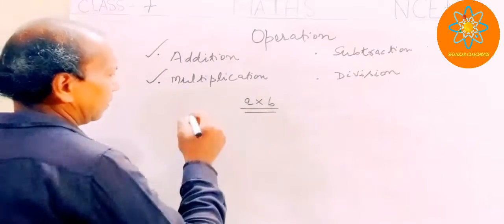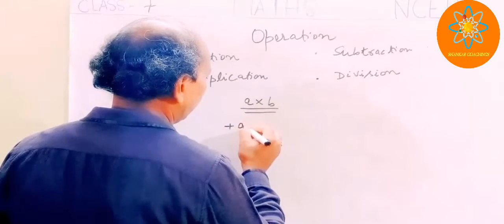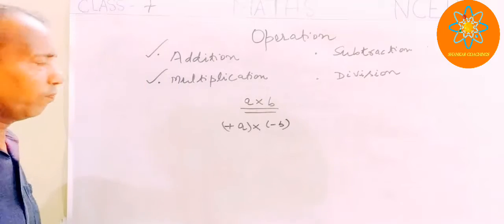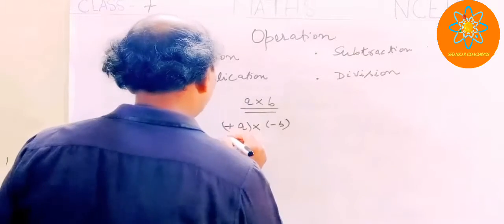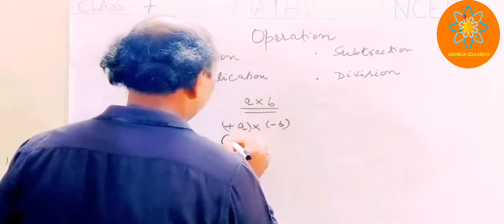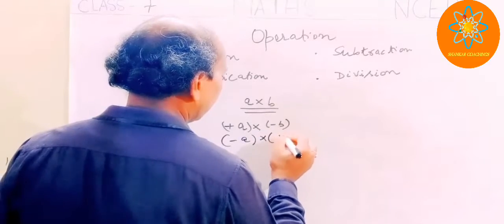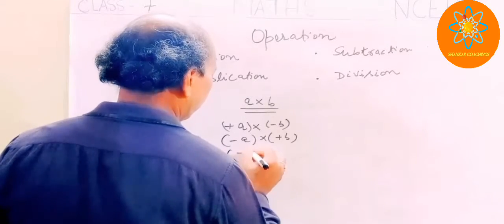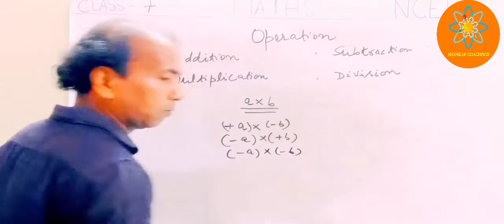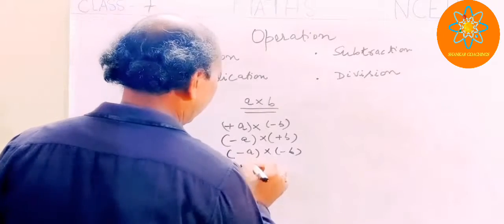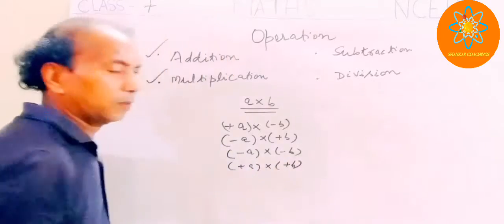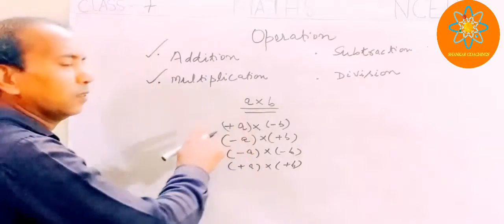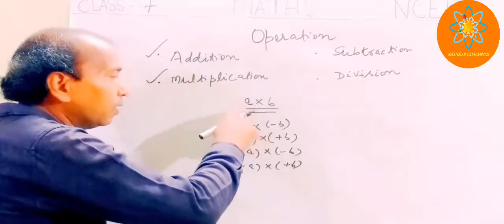Either A is positive and B is negative, or A is negative and B is positive, or both are negative, or both are positive, plus A into plus B. These are the four cases when we multiply two numbers A into B.